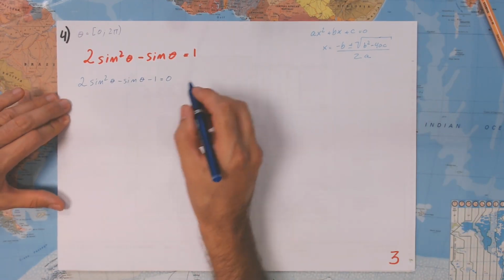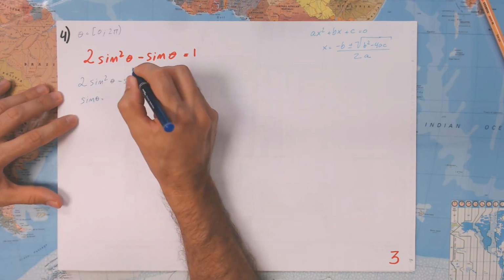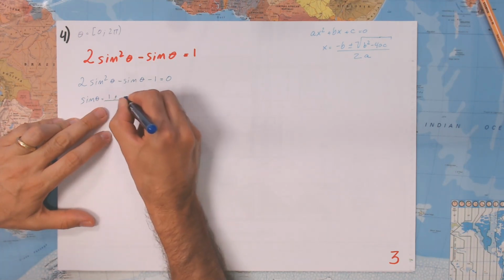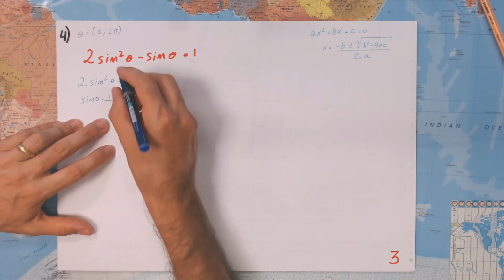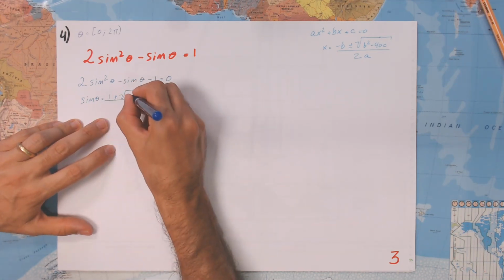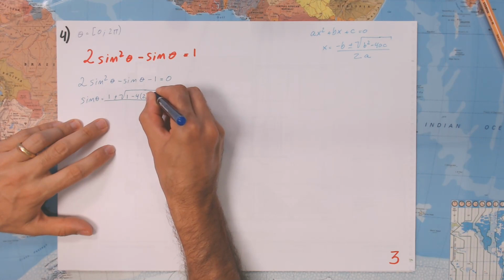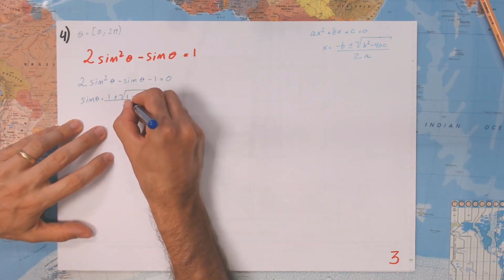Now it's going to be sine of theta equals minus b, which is 1, plus or minus the square root of b squared, minus 1 squared, which is just 1, minus 4 times a times c, divided by 2a, 2 times 2.